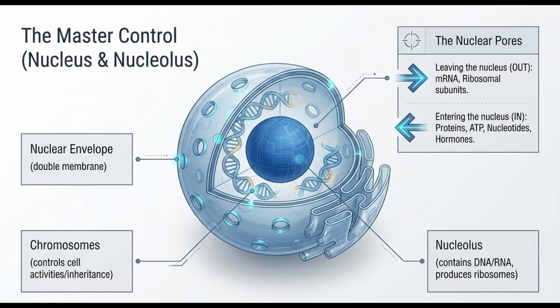Now let's move forward to the nucleus and nucleolus. So the nucleus is often called the control center of the cell, right? Why? Because it contains the genetic material that directs all the cellular activities. It is surrounded by a double membrane known as the nuclear envelope.